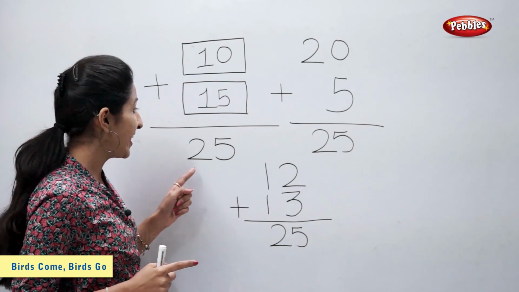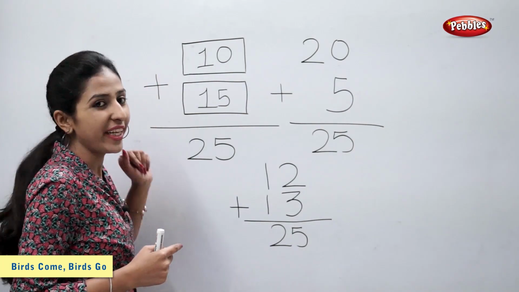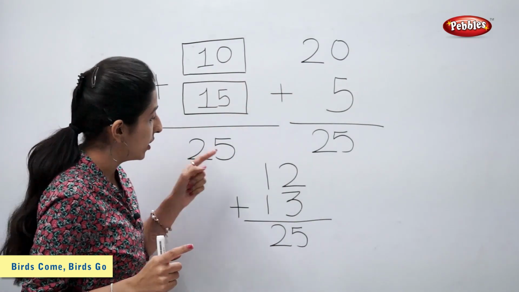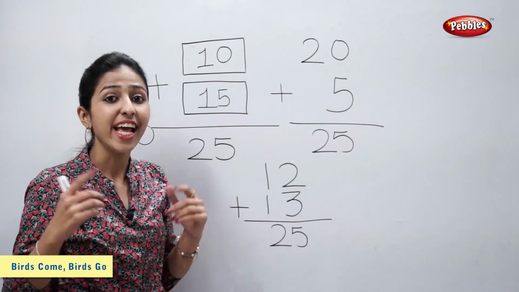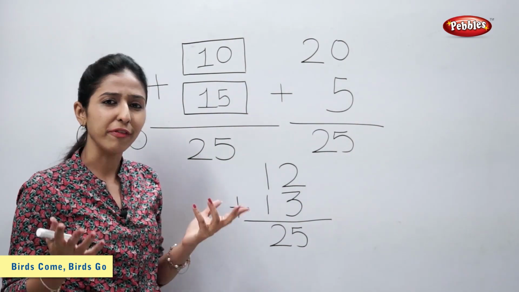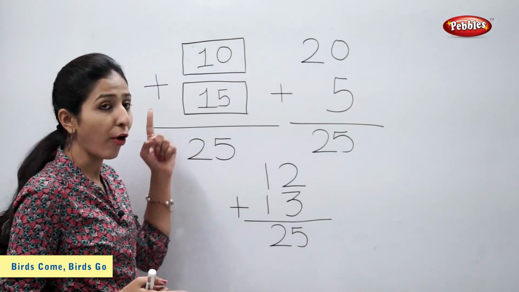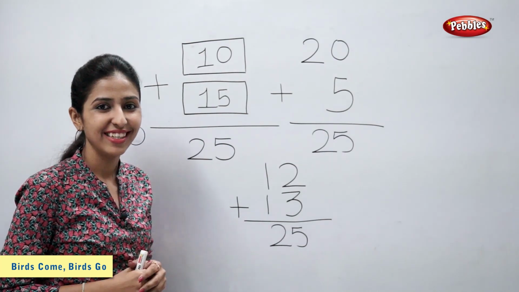So, for getting answer 25, we have used 10 plus 15, 20 plus 5 and 12 plus 13. So, for getting any particular number, we can use various numbers. Answer of all these combination is 25.